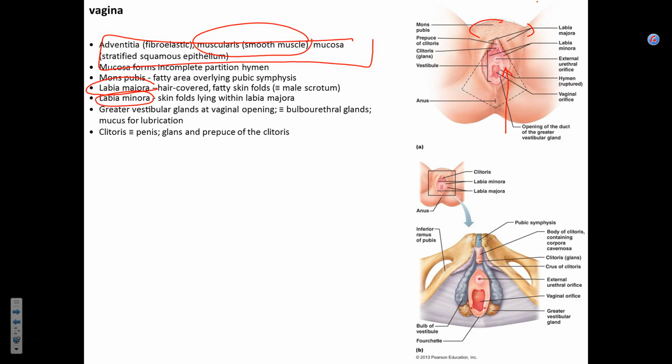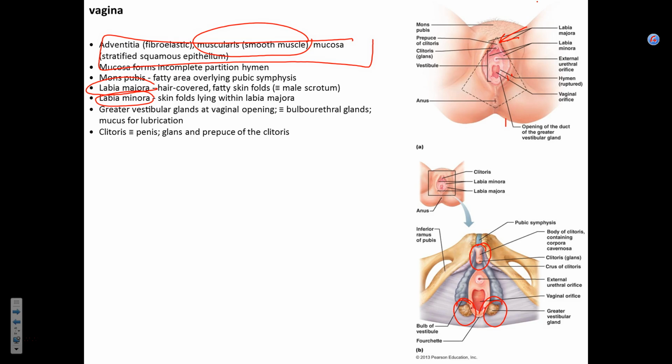Now these glands called greater vestibular glands, they are the analogs of male bulbourethral glands. They produce mucus that lubricates vagina during the sexual intercourse. Clitoris, which is shown here, and it is covered by the prepuce, developmentally is the same structure as penis.